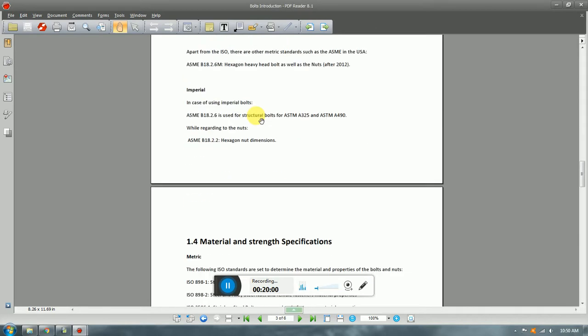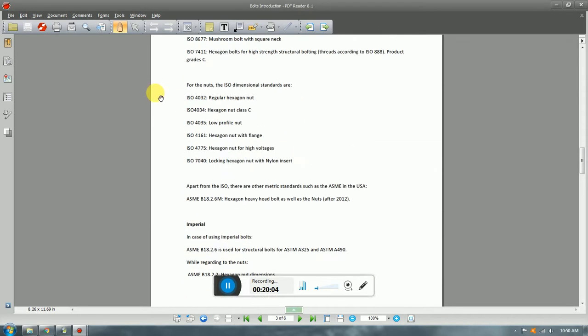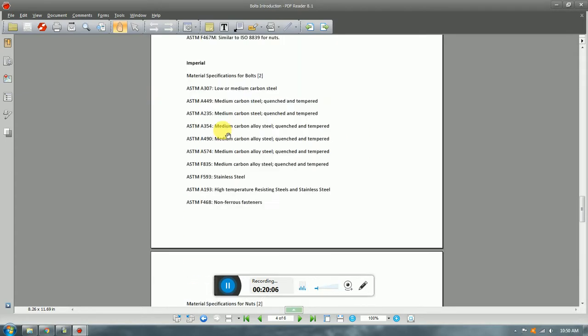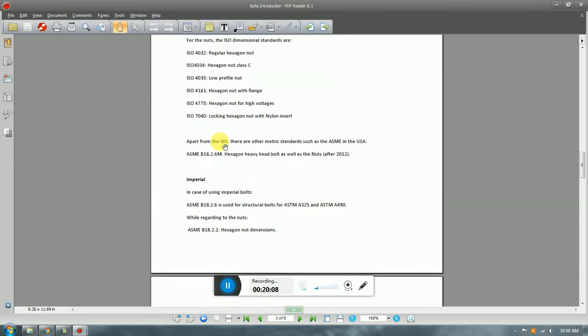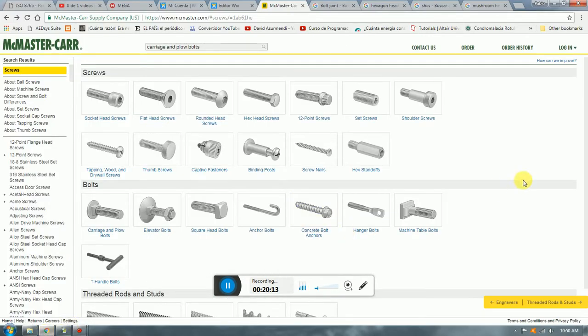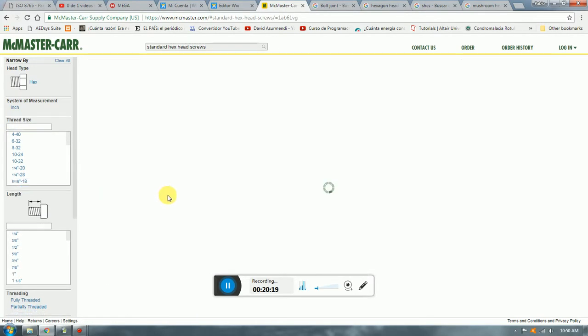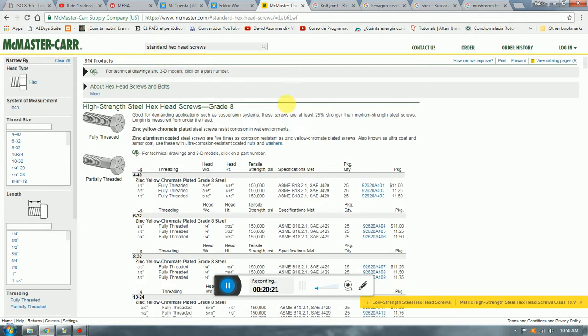Then we're going to start with the standards, okay? As I said, there are three types of standards. Dimensional standards, material standards, and then coating standards. So as I said, standards are really important. Use them, okay? Because that defines exactly what bolt you are using. So if you get bolts here, for example, especially if you want them to do a specific task, they're going to have different standards, okay?